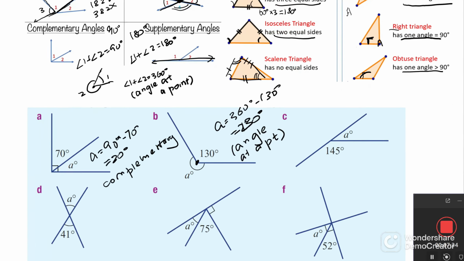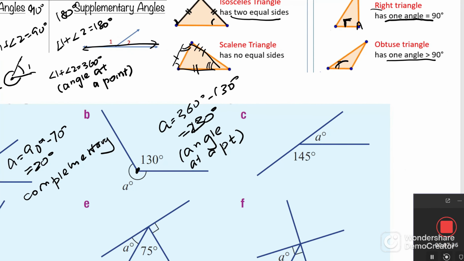Question C, when I see a straight line, I immediately think of 180 degrees. So A equals 180 degrees minus 145 degrees. That gives you 35 degrees. And the reasoning: supplementary angle.